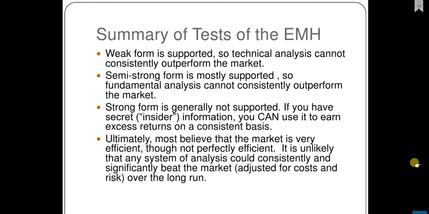If you have secret information, you can use it to earn excess returns on a consistent basis. Ultimately, most believe that the market is very efficient, though not perfectly efficient. It is unlikely that any system of analysis could consistently and significantly beat the market, adjusted for cost and risk, over the long run.